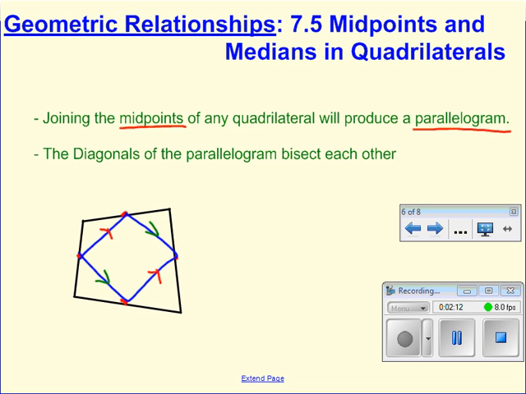Now, the other point I want to make is that the diagonals of the parallelogram will bisect each other. That means these diagonals will hit each other in such a way that they'll essentially become the midpoints. So if I take the diagonal of my parallelogram that I've generated here, from midpoint to midpoint, like so, and then I take my other diagonal and make this one black, like so.